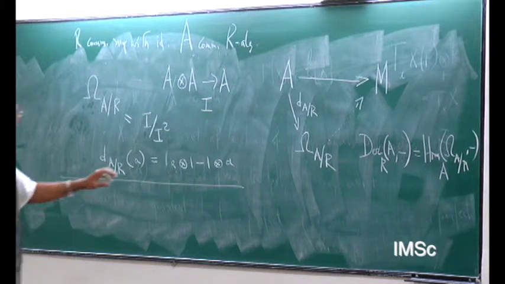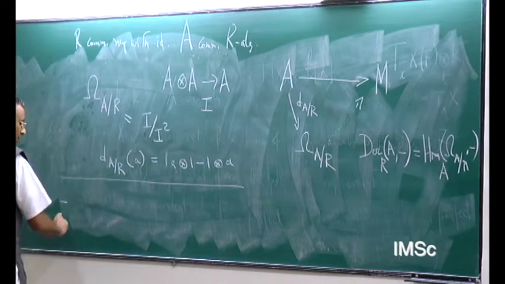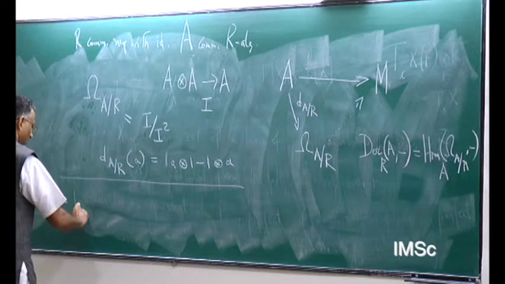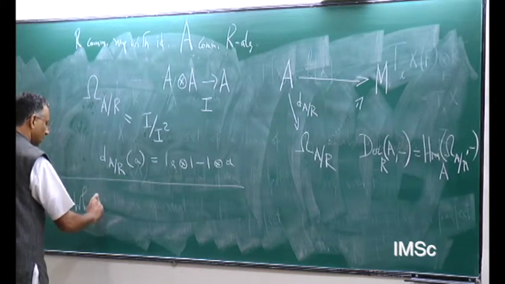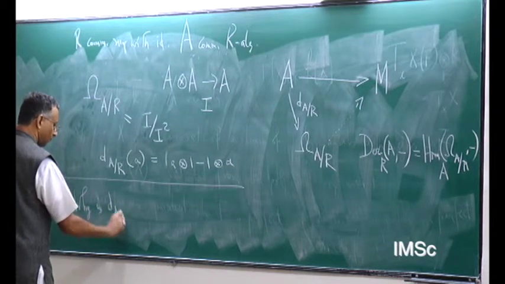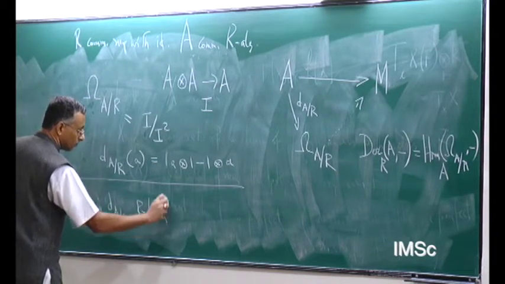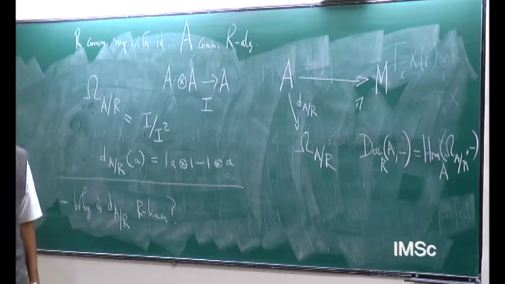Okay, now why is this map... I'll pose these as questions. It should be an R-linear map.